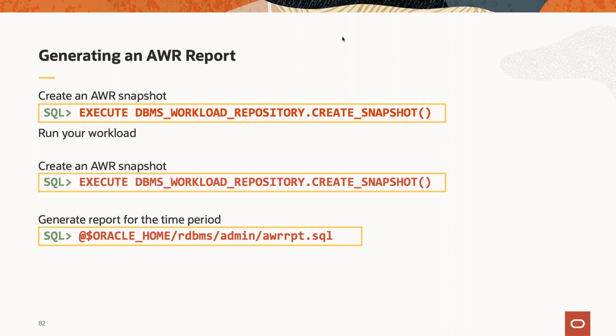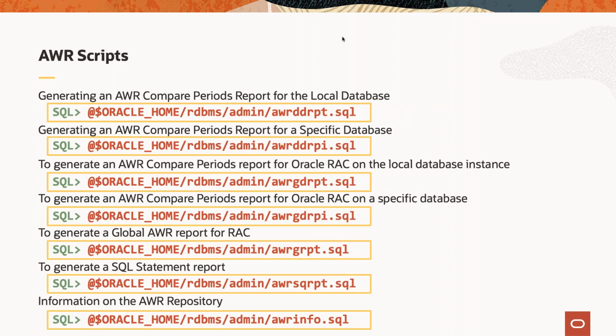Do you know that for the AWR, there are so many more scripts that most people don't know or don't use? The first one is used to compare periods in the local database. You can run awrddrpt.sql to compare different snapshots and give you the diff of the snapshots, and not the individual snapshots themselves. awrddrpti.sql gives you that for a specific instance.